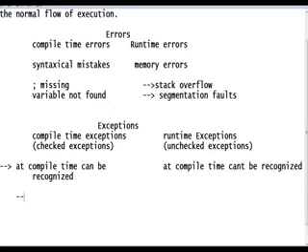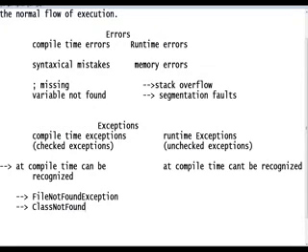For example, compile time exceptions. What are the exceptions there? File not found exception. These are the classes, guys. File not found exception, class not found exception. These are the examples.